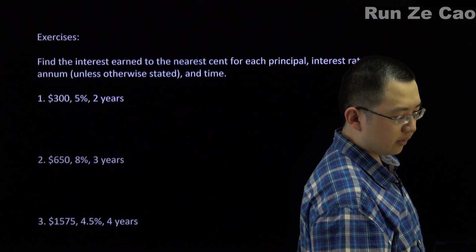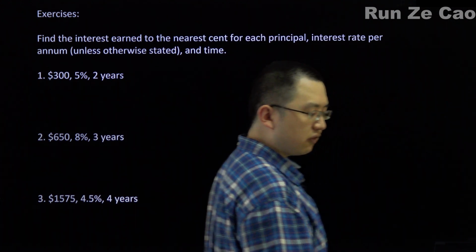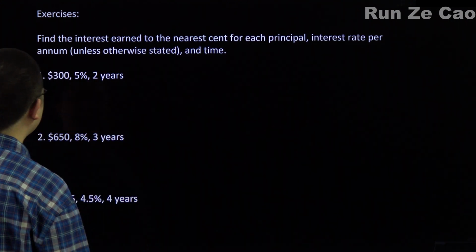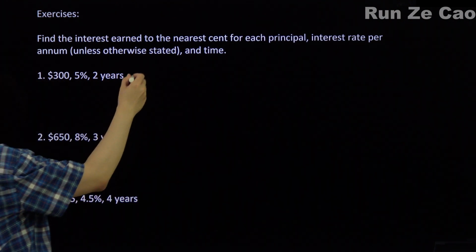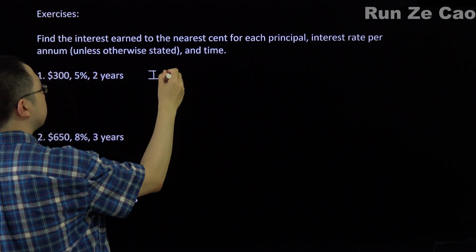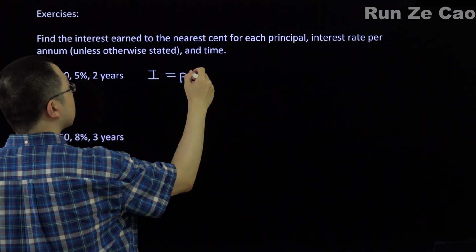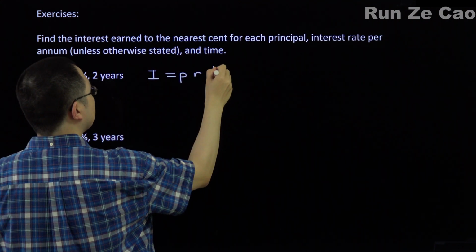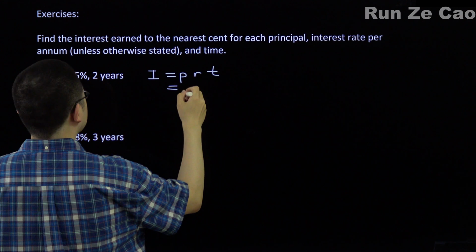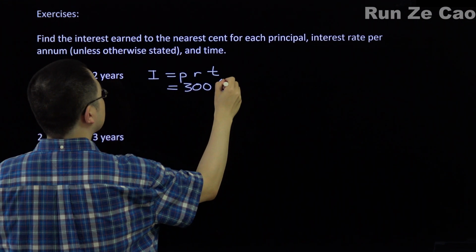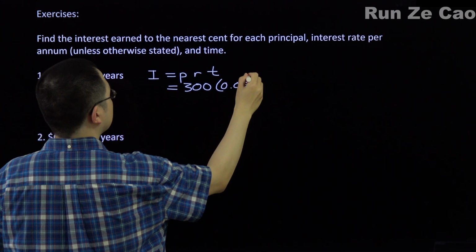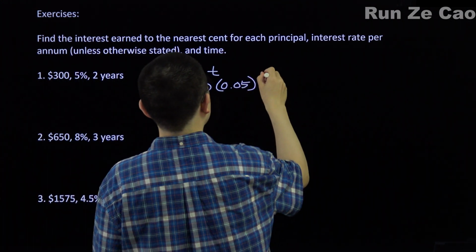Let's do some exercises. Find the interest earned to the nearest cent for each principal, interest rate per annum unless otherwise stated, and time. Well, interest is equal to principal times the rate per period and the number of periods. So that's going to be 300, and the rate is 5% or 0.05. And then there are 2 periods.